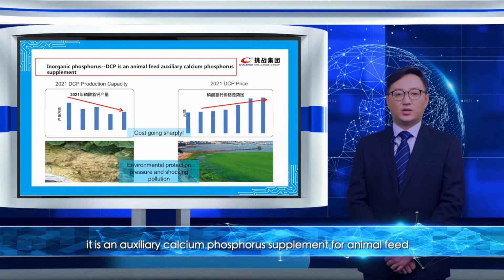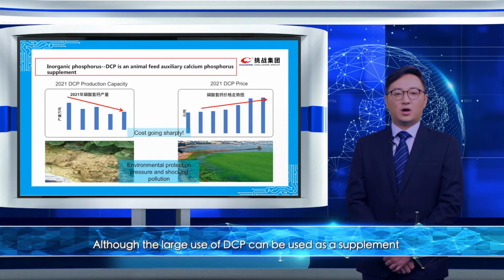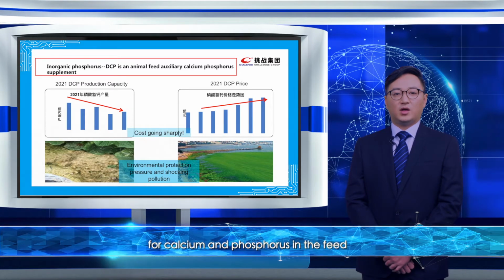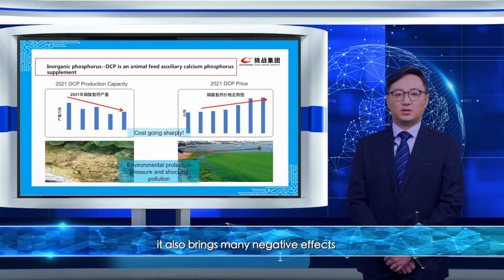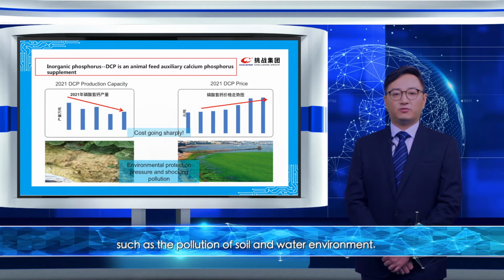It's an auxiliary phosphorus supplement for animal feed. Although the large use of DCP can supplement calcium and phosphorus in the feed, it also brings many negative effects, such as the pollution of soil and water environment.